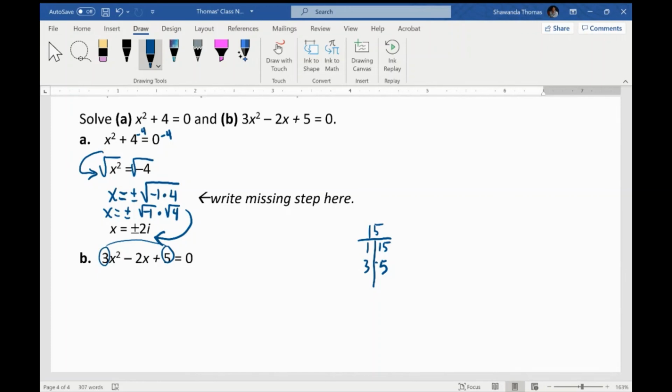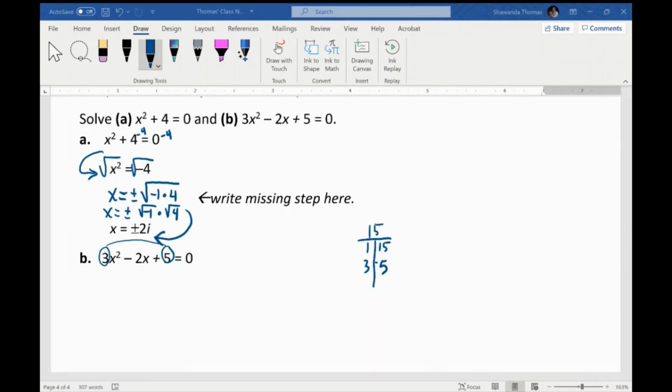Why wouldn't it work? Anybody can explain to me why it's not factorable? Because you don't have anything that's going to equal the middle, the -2. Well, 3 minus 5 is negative 2, right?